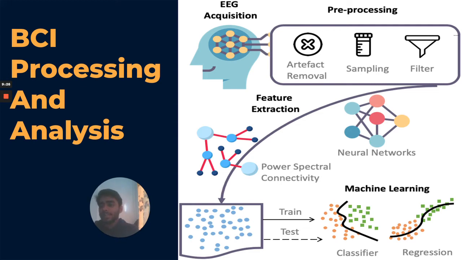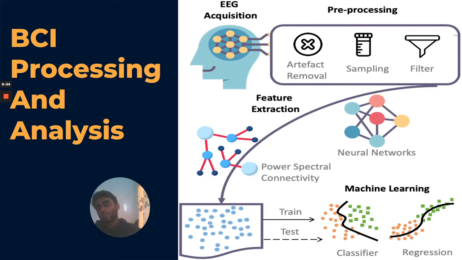It's about machine learning and artificial intelligence now. How good a model you make, how good you train a model to detect or analyze what your brain is thinking. So now it's about the model that you build, what feature extraction you do, your training and testing method, how you classify, or if it is regression related, it's regression or classification. It depends on the scenario. So let's not get into detail of that.